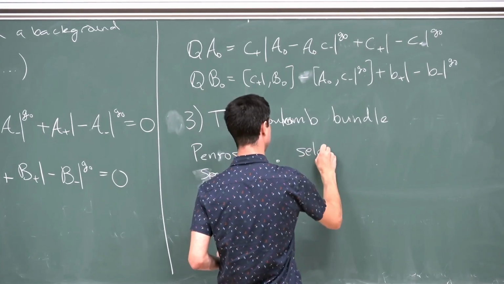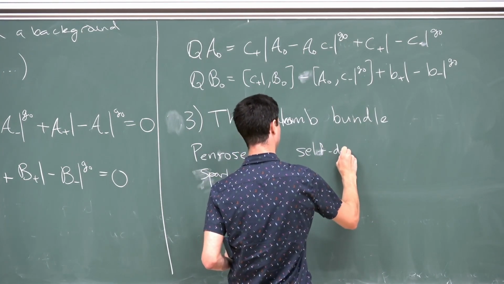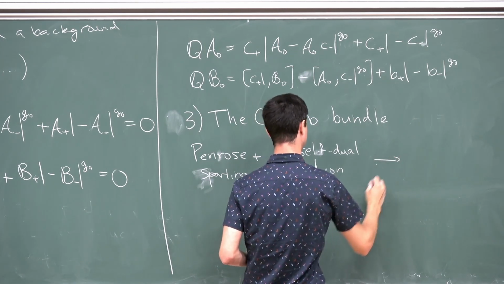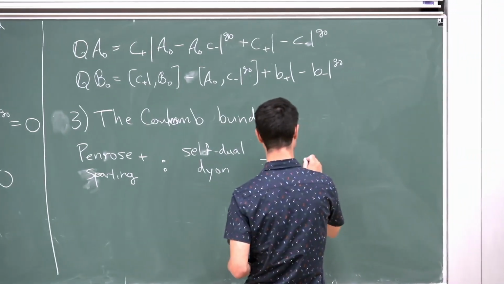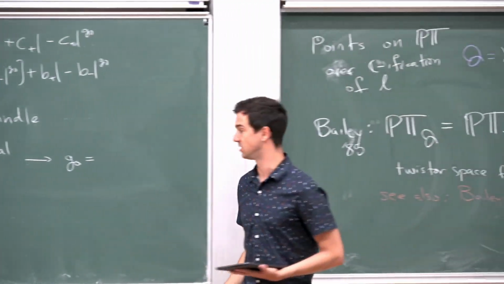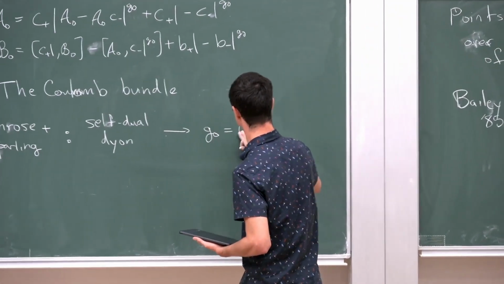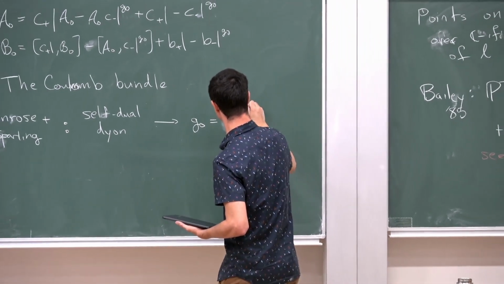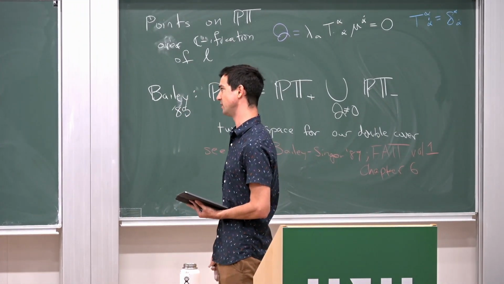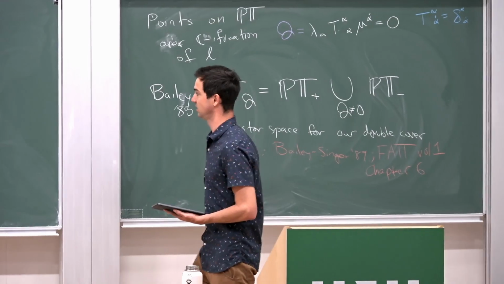The self-dual Dion can be realized by taking our gauge transformation G0 to be the inverse of Q. I think they might have done the inverse of this line bundle, but okay.